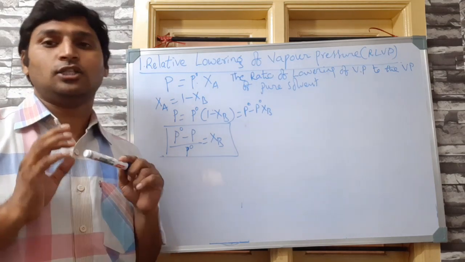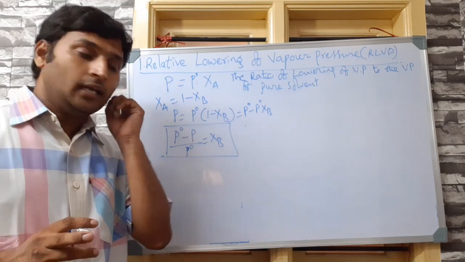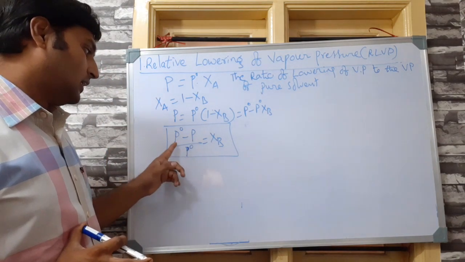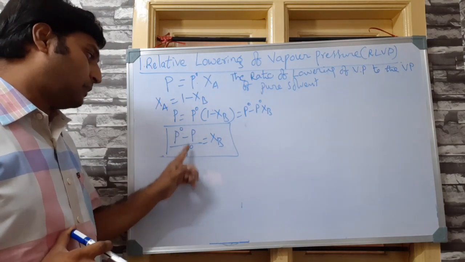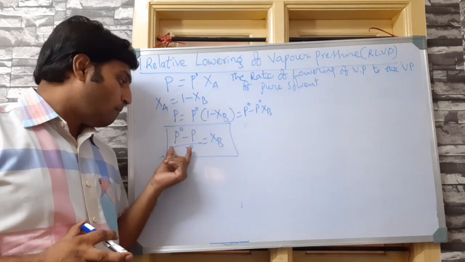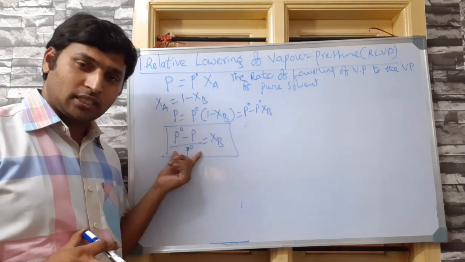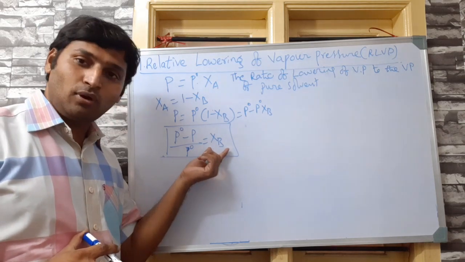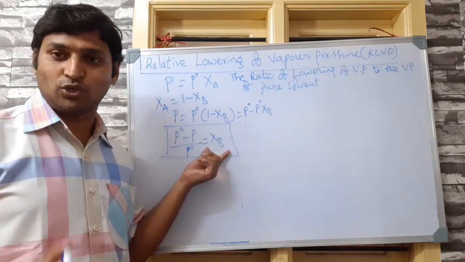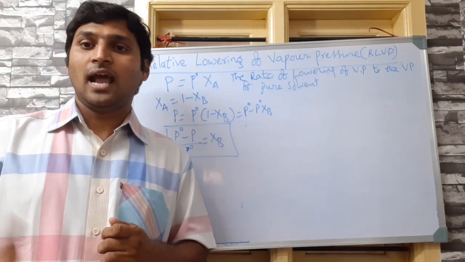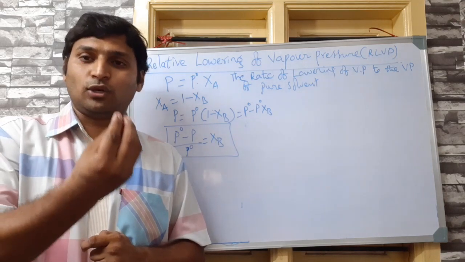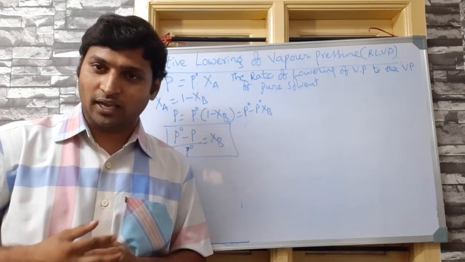When it comes to this expression, (P0 minus P) by P0 is equal to XB, you can clearly notice that this relative lowering of vapor pressure depends only on the mole fraction of the solute, not on any property that reflects the nature of the solute. Suppose I prepare an aqueous solution of sodium chloride, an aqueous solution of glucose, and an aqueous solution of urea.